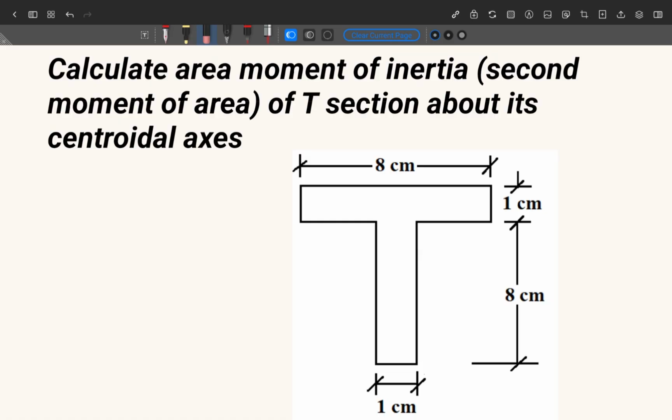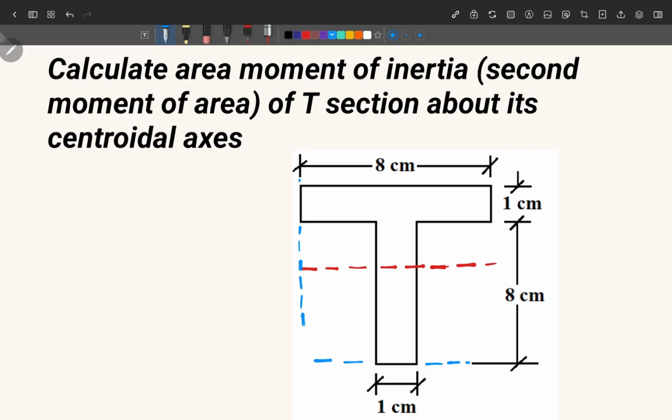First of all, let us assume its position, suppose somewhere here, because this will not be in the middle. To find this position, we first define the reference line. With reference to a baseline, suppose this is our baseline, and the vertical we can take somewhere here.